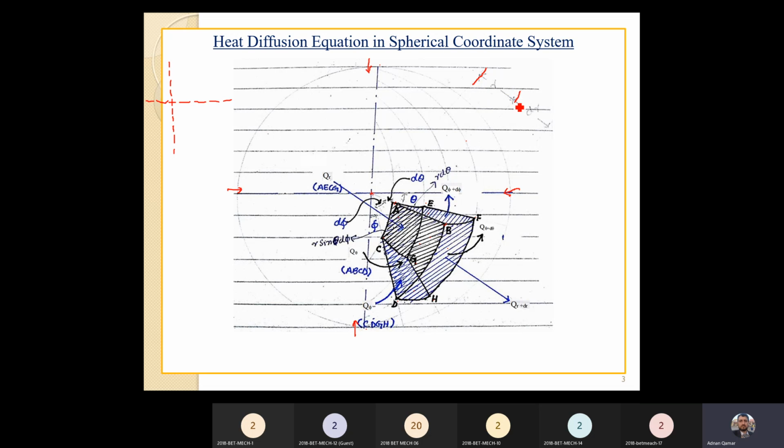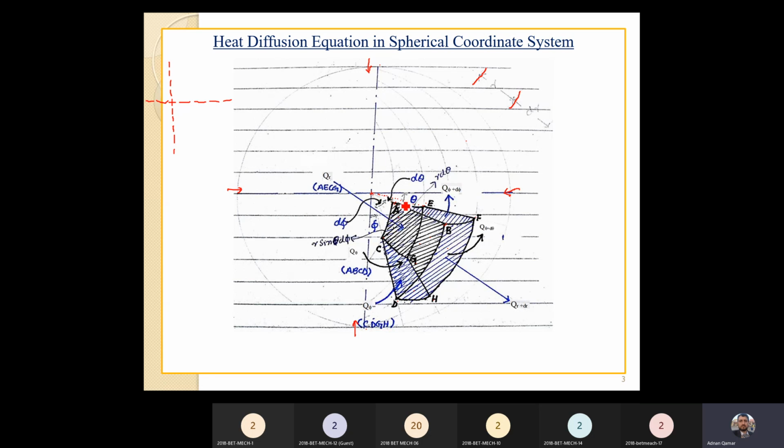This is R. Okay. The distance of the inner part of this element from the center is R. There is a line which is not visible because I have marked this line with a lead pencil. You will not find this figure in any book because I have drawn this figure by myself. So you have to keep this figure.